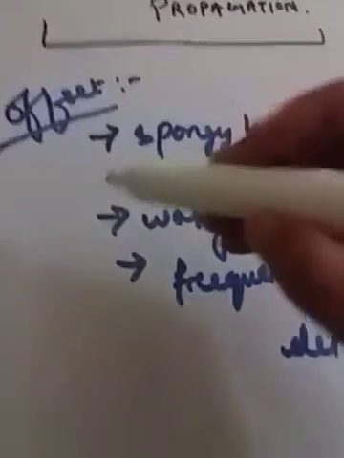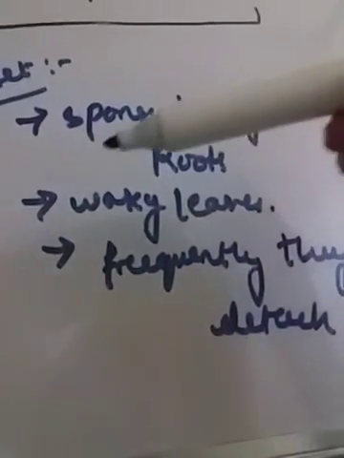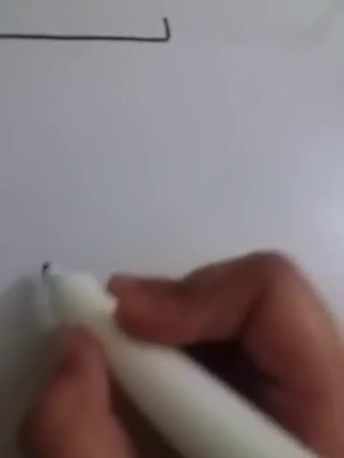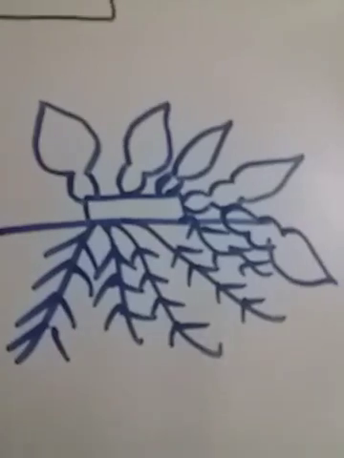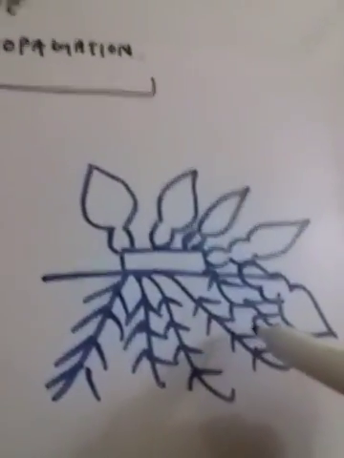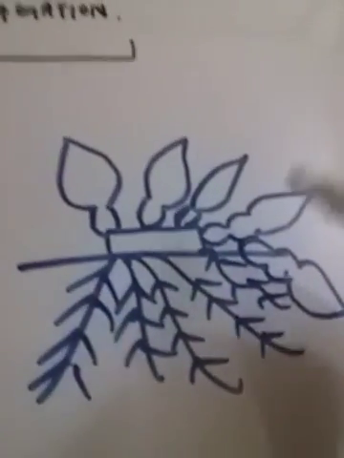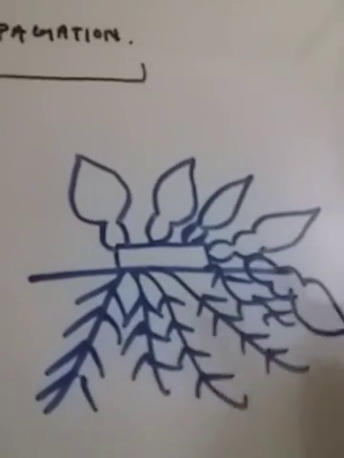These are the traits of offset: the spongy hairy roots, waxy leaves, frequently they detach. The diagram is somehow like this. This is offset.